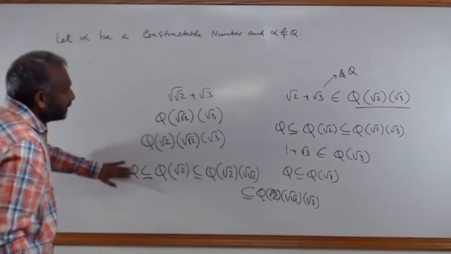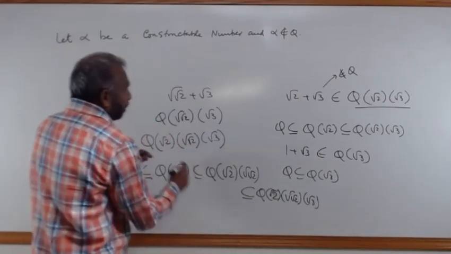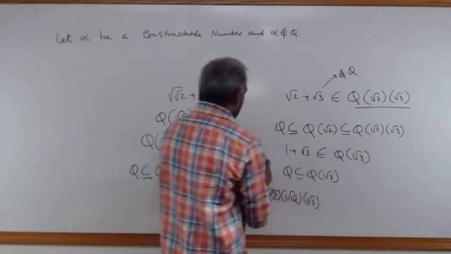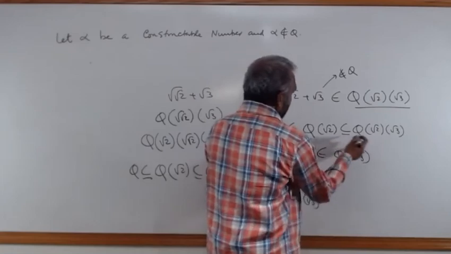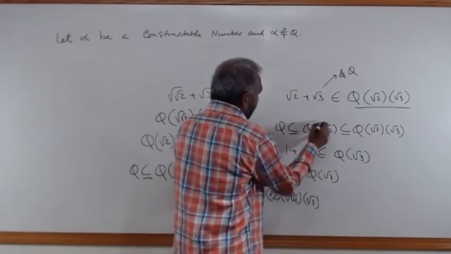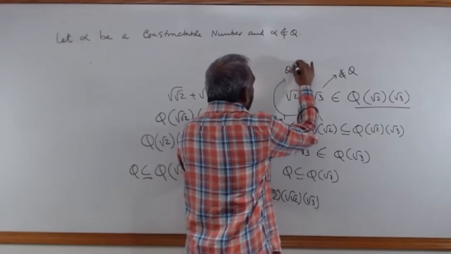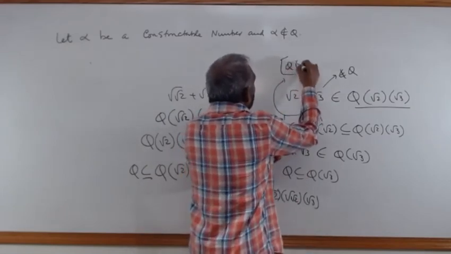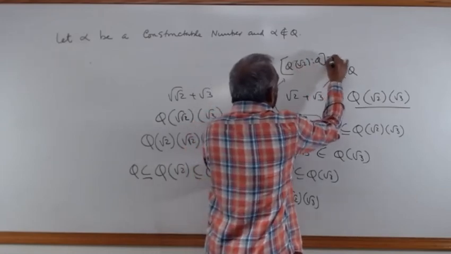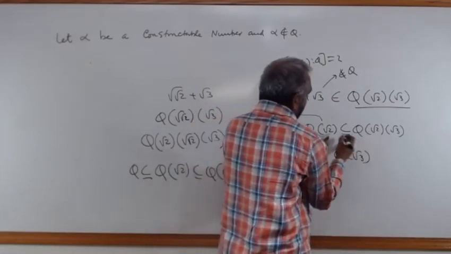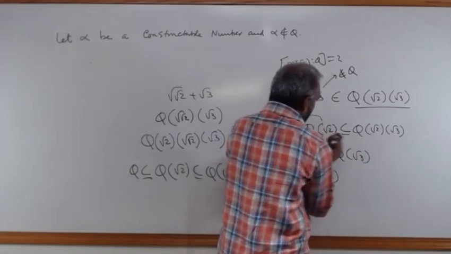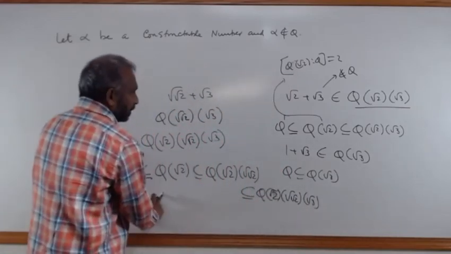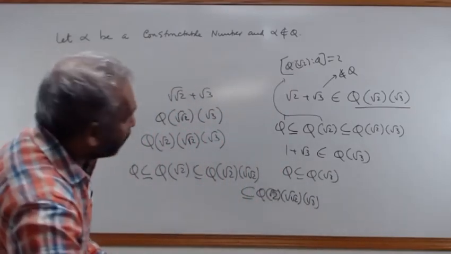In every case, if you take the degree of adjacent extensions, for example, the degree of Q of root 2 over Q is equal to 2, and the degree of Q of root 2, root 3 over root 2 is 2. Similarly here and similarly here. So that is what we are going to write.